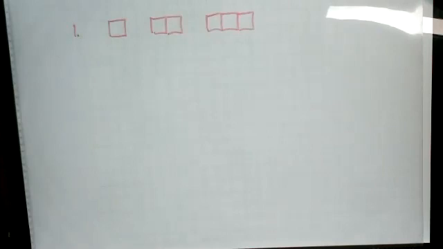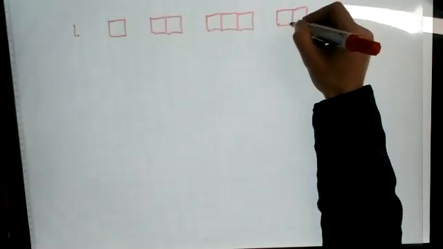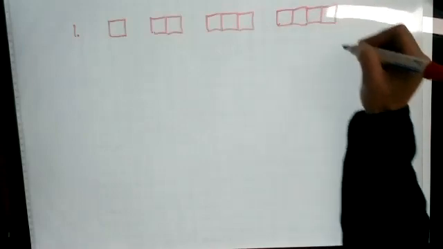So the diagram shows below a pattern of shapes made from matchsticks. Now copy the pattern and draw the next two shapes in the pattern, and describe by a rule how to construct the next shape. So each shape has 3 boxes, I guess.